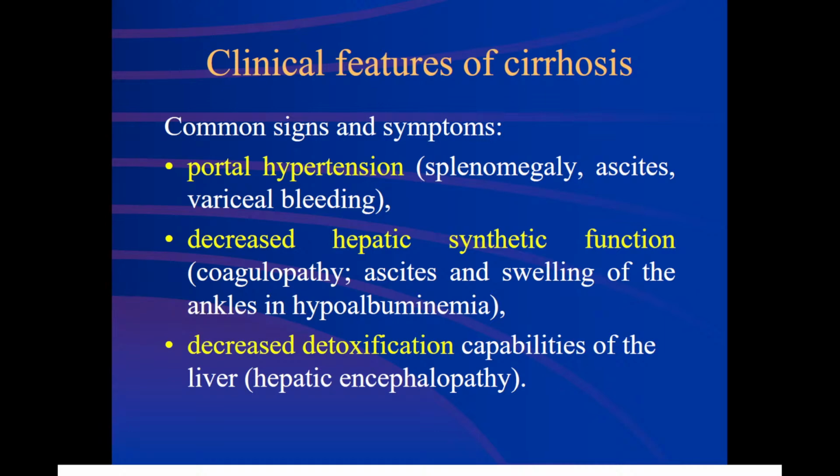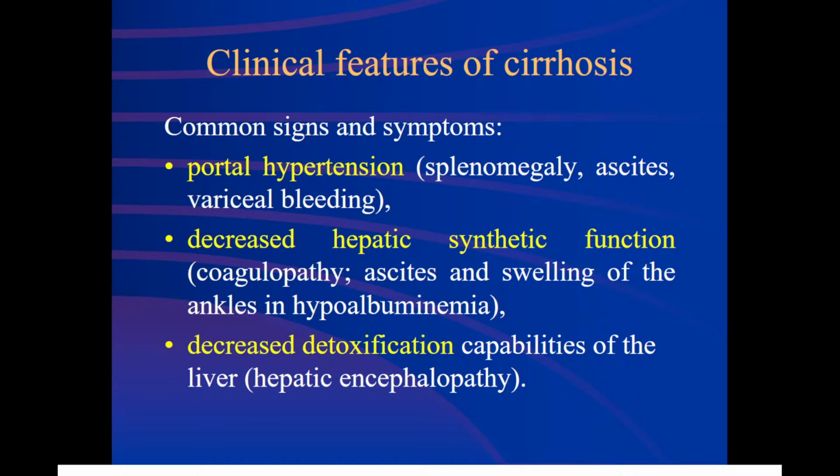Clinical features of cirrhosis. In case of cirrhosis, clinical features are more pronounced compared with hepatitis and more specific for liver. And most pronounced may be symptoms of portal hypertension, which include ascites, varices, and variceal bleeding-like complication, and splenomegaly.